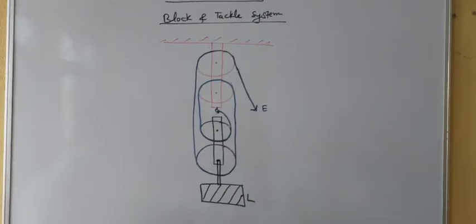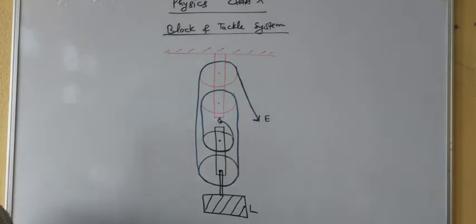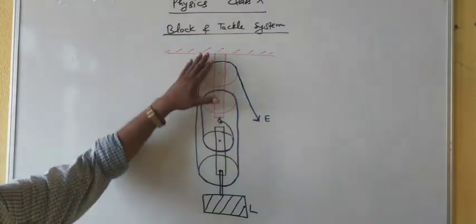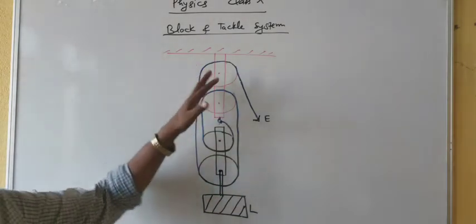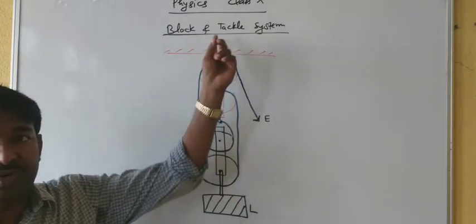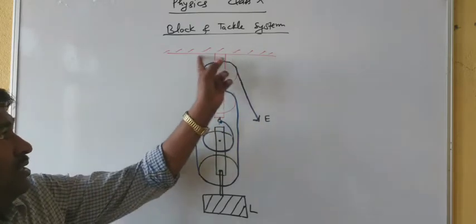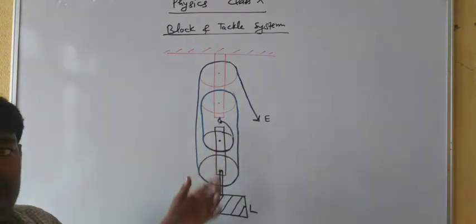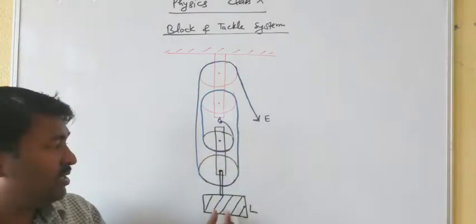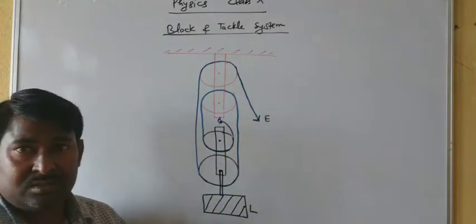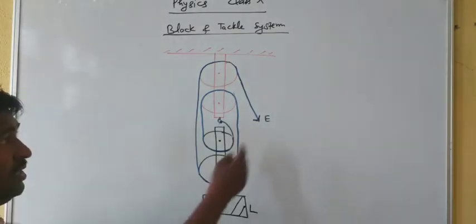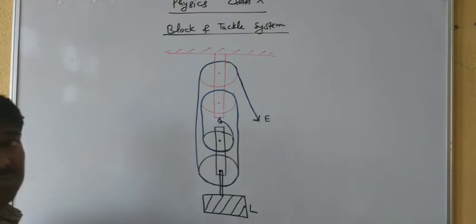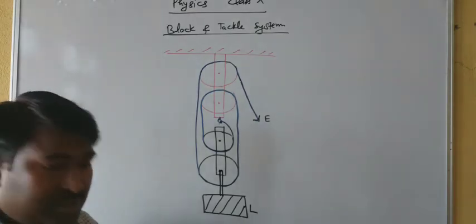So this system of pulleys is said to be the block and tackle system, where there are two blocks, upper block and lower block, having several pulleys. The upper block is fixed with the rigid support, while the lower block is movable, and the load is tied to the lower block, and there is a single rope passing over all of the pulleys. That's why the tension everywhere will remain the same.